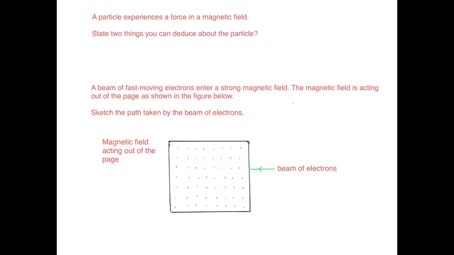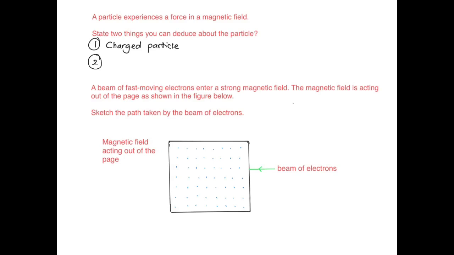Now, for a particle to experience a force in a magnetic field, first it must be a charged particle. And second is that the particle must be in motion. That means it must be moving inside the magnetic field. A stationary charged particle does not experience a force.